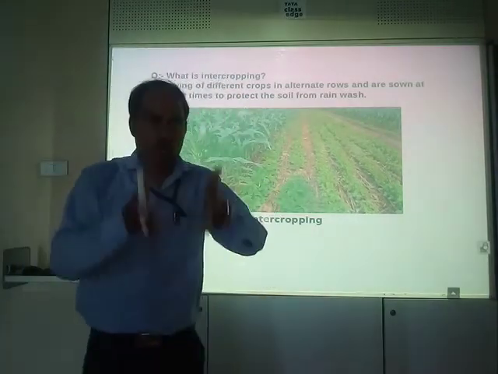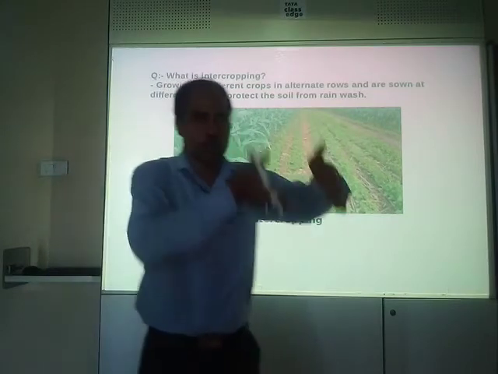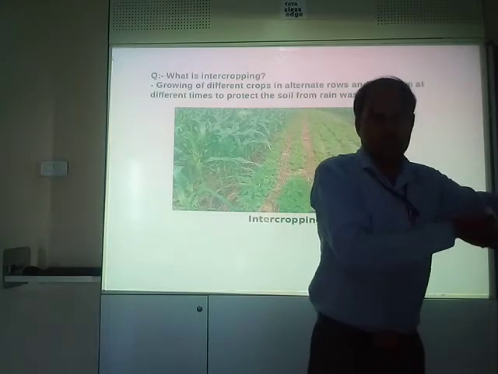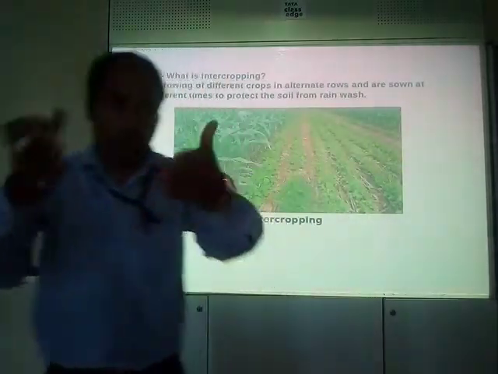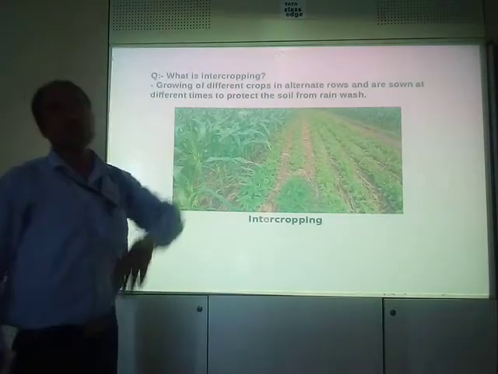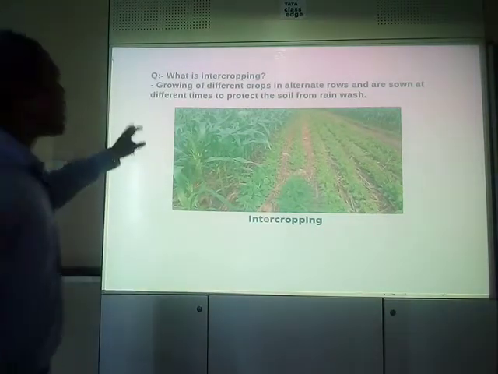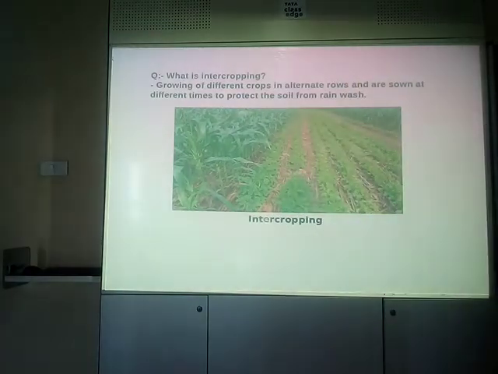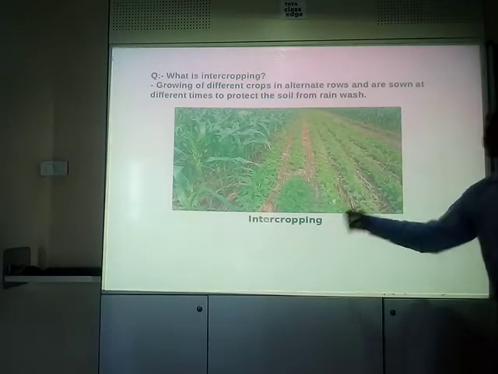rows. That means one row is of A crop, another row is of B crop. So like this, in alternate rows, if you grow different types of crops to protect the soil from being washed away by the rain, that is known as intercropping.